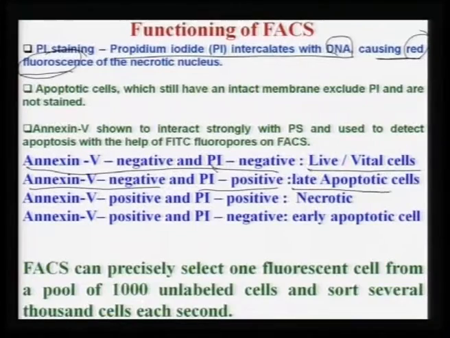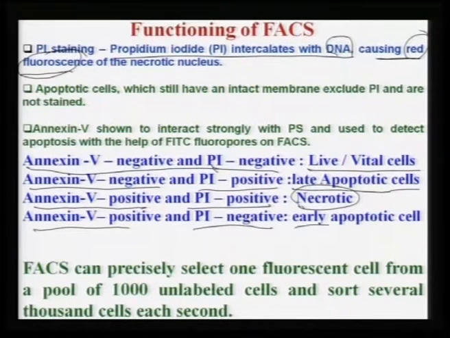We call them late apoptotic cells. If annexin 5 is positive, that means cells are apoptotic. If PI is positive, that means cells are already dead, then we call them necrotic cells. If annexin 5 is positive and PI is negative, that means cells are early apoptotic cells.